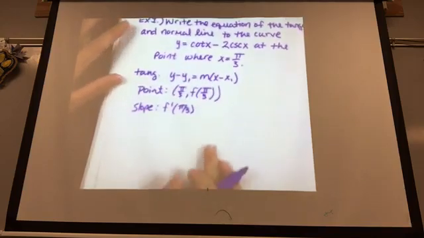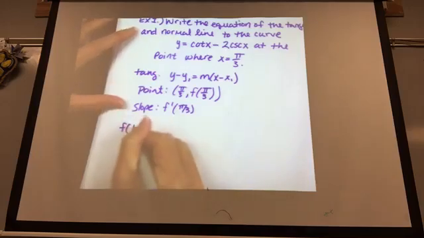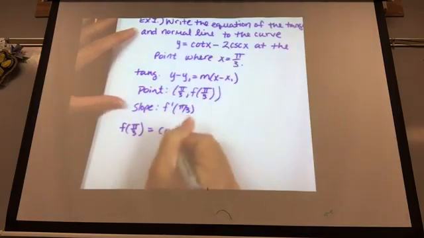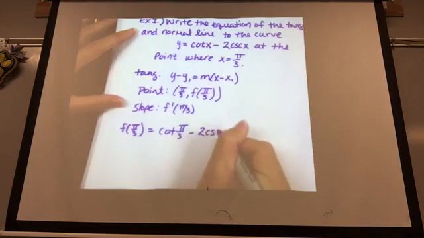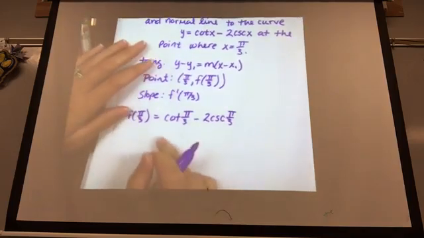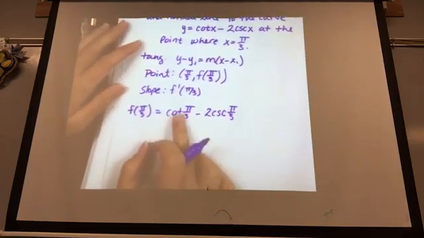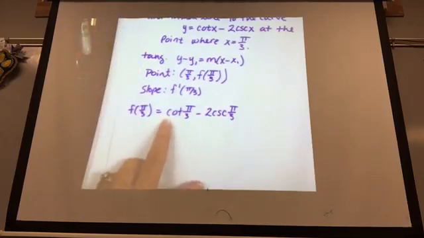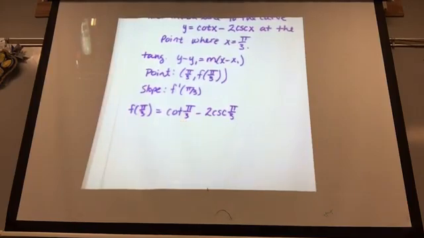Okay, so let's start with f of pi over 3. Plugging it into my x's, cotangent of pi over 3 minus 2 times cosecant of pi over 3. So if I'm thinking about my special angle chart, these are reciprocals. So remember, I consider the reciprocals and just flip the fraction. So tangent of pi over 3 is what?